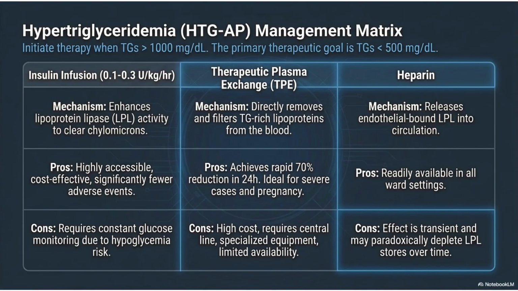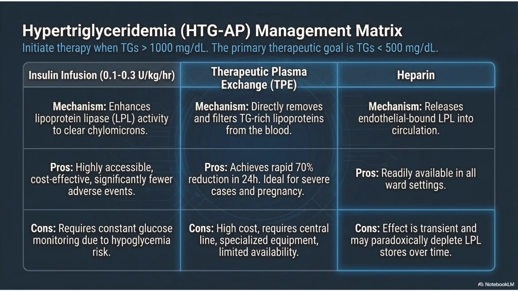Therapeutic plasma exchange directly removes and filters the triglyceride-rich lipoproteins. So it's actively clearing them. In the previous one, you activate the body's lipoprotein lipase to clear the chylomicrons, and in this one, you just remove them with therapeutic plasma exchange.